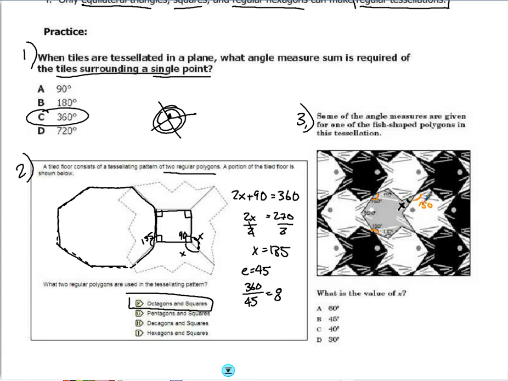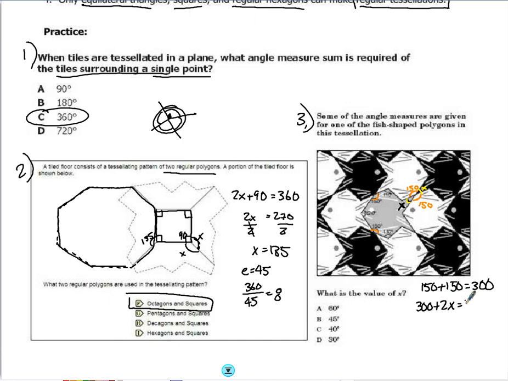And therefore, if that's 150 and 150, and that's x, then the other side here would also be an x. So to find x, I need to know what 150 plus 150 is, which is 300. And 300 plus 2 of the same value is going to add up to a total of 360, because it tessellates, so it has to add up to 360.